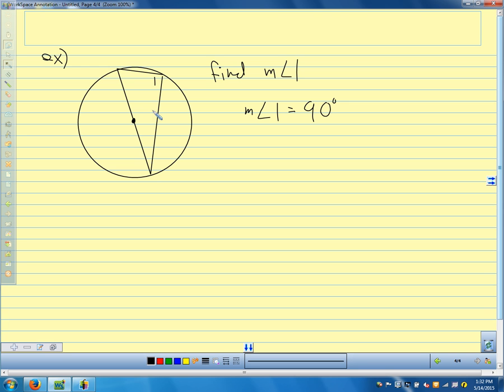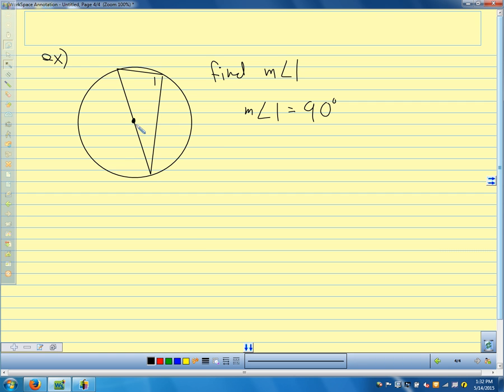One thing I wanted to warn you guys about when we're working with these circles moving forward, unless the picture shows you the center of the circle and your segment going through the center of the circle, don't assume that some line drawn through the circle is a diameter. So make sure that you know that segment goes through the center of the circle before you assume it's a diameter or a radius or something like that.